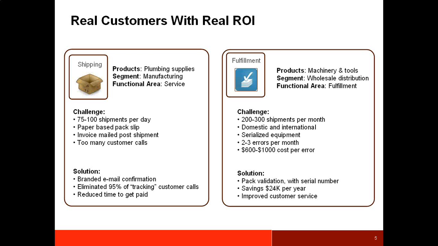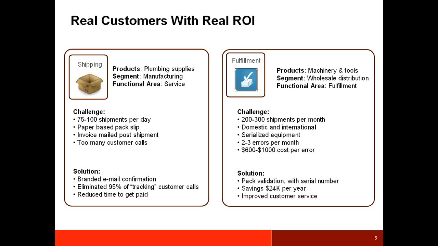So with that, they really cut down dramatically on the inbound calls to their call center that said, hey, where is my good? I got an invoice separate from the goods, and I'm confused about what it is relative to what was in the shipment. And then also with that invoice, they reduced the time to get paid.